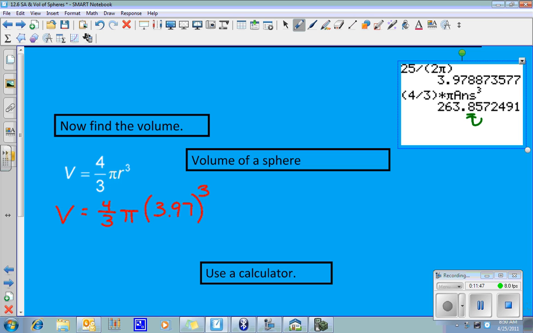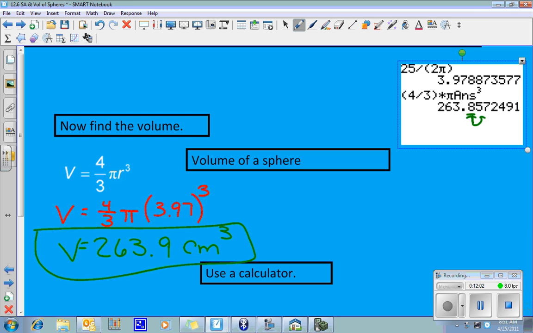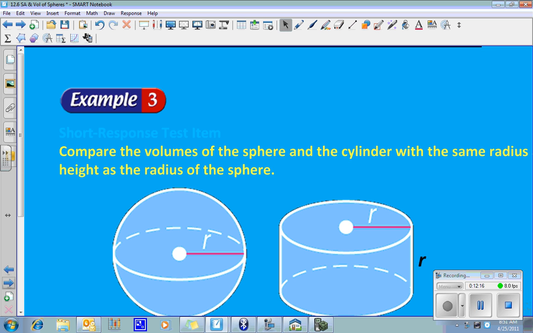Then you look at the one behind it. Is it 5 or greater? And it is. So your volume is going to turn out to be 263.9 centimeters cubed. Volume is always cubed. And you get your answer. Again, just show the work that's above it. It's not that bad. You're showing your work. I can see if you missed this problem, why you missed the problem. And we can go from there.